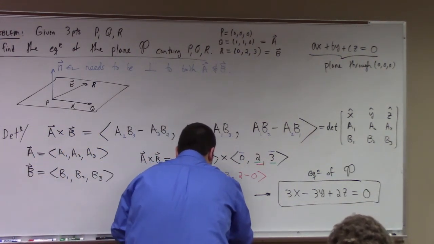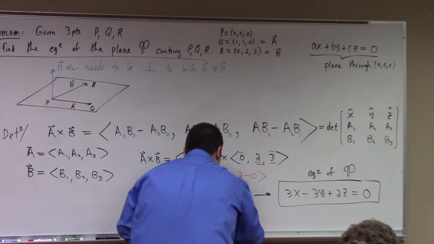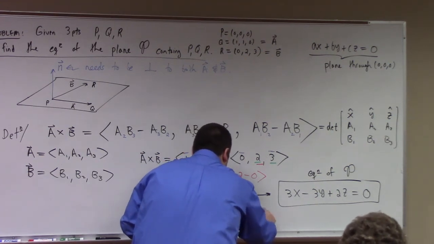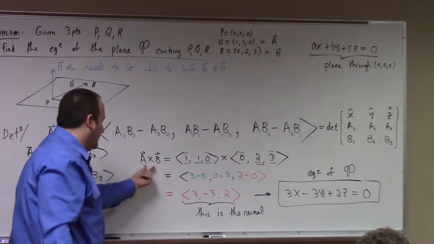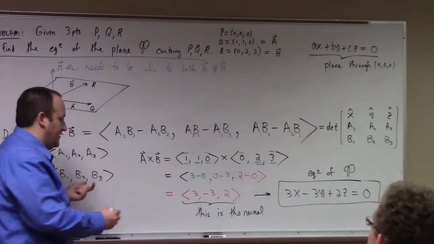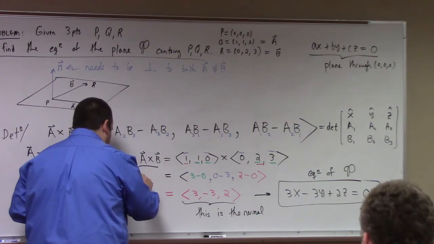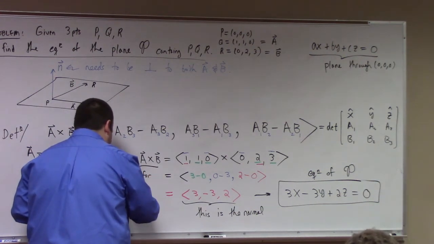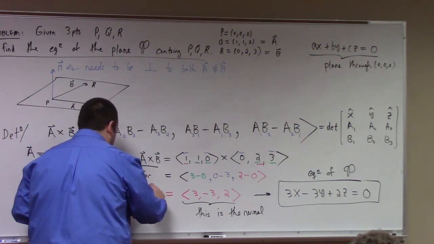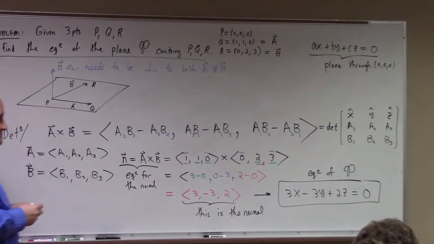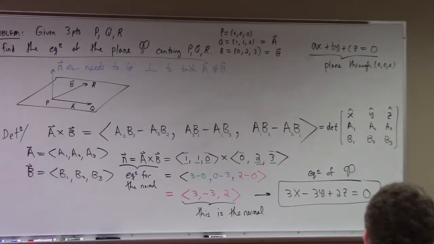I guess you could say that a cross b equals n is the equation for the normal, but I don't know. Anyway.